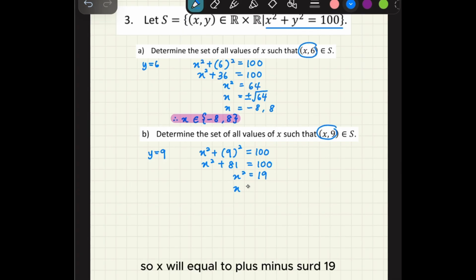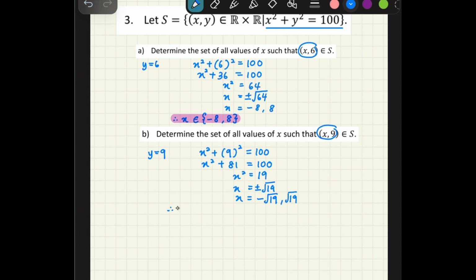So x will equal plus minus the square root of 19. From this, we get the values of x, which are negative square root of 19 and also square root of 19. Therefore, the answer is negative square root of 19 and square root of 19.